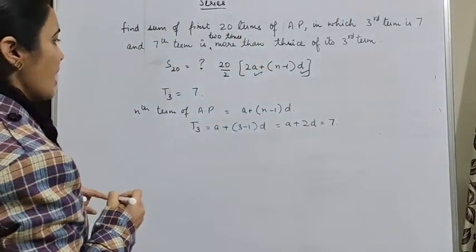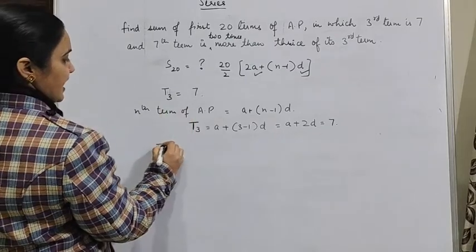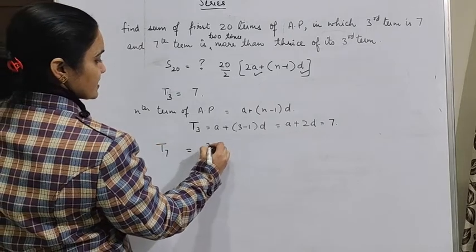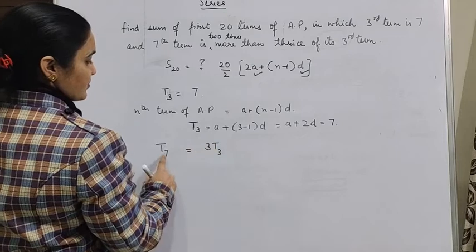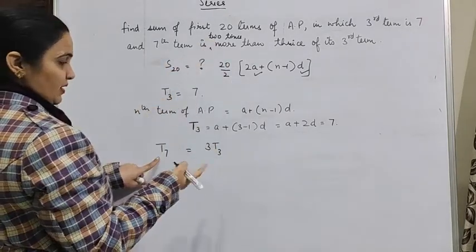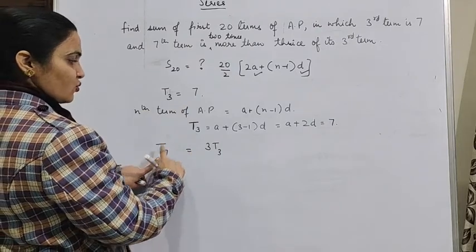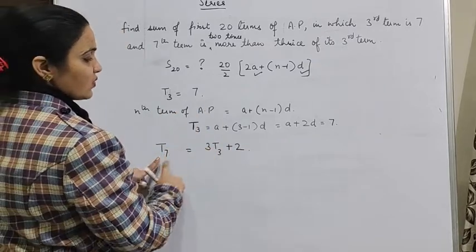ठीक है? अब आपके पास रिलेशन क्या है? रिलेशन इज दिस that the 7th term is thrice the 3rd term plus 2. अब 7 जो है वो पहले ही उससे 2 times more है और मैंने इन दोनों को इक्वल करना है. तो 2 में कहां पे ऐड कर दूंगी? इस तरफ, to equalize it.